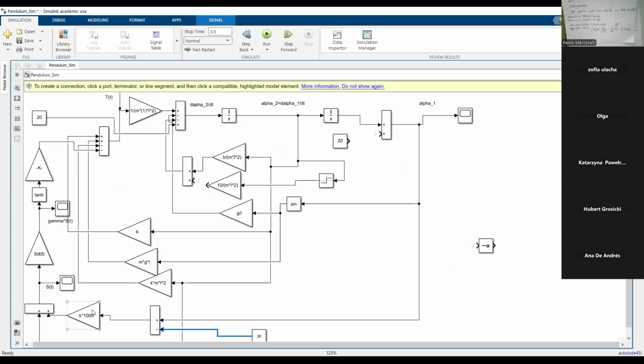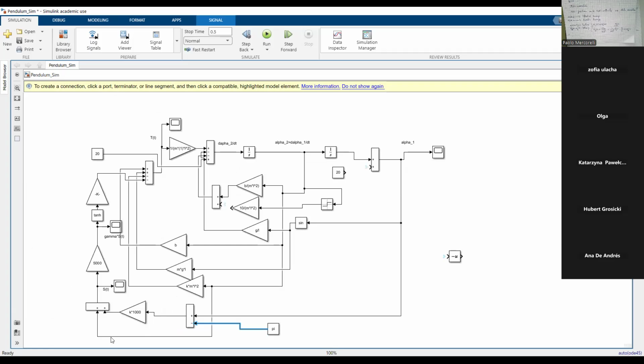This is the coefficient k, even though we say k multiply 1000, because students ask me what happens if I increase k, which goes inside here. The position to be controlled is pi and alpha 2 equals 0. This means alpha 2 minus 0 is alpha 2.